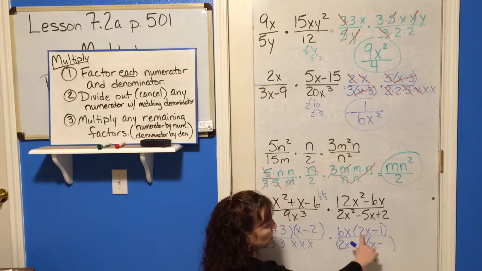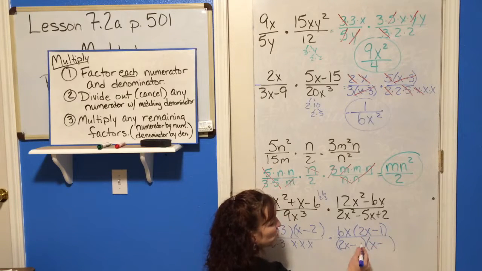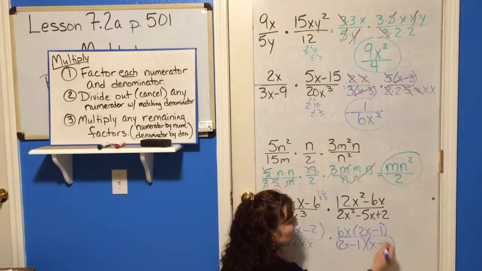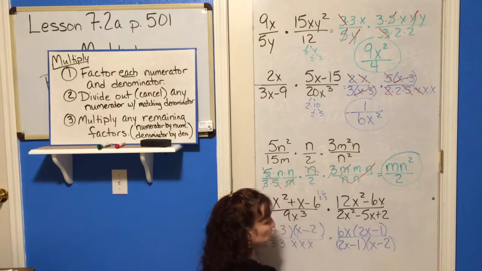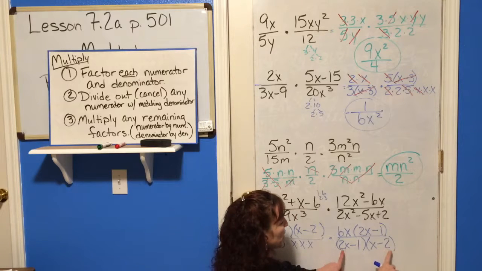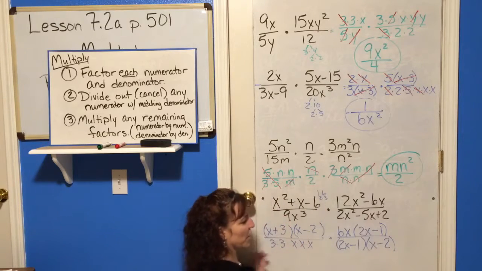It sure would be cool if this matched up, 2x minus 1, so let's put that there in the hopes, but remember we have to check it. So 1 times 2 is 2, and let's check and be sure. 2 times 2 is negative 4, and negative 1 times 1 is negative 1, so 4 and 1, and they're both negative, so negative 4 plus negative 1 is negative 5, so I've got it right.